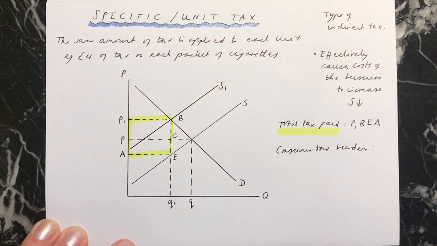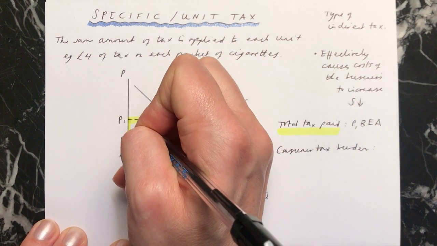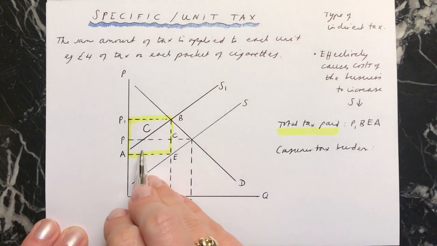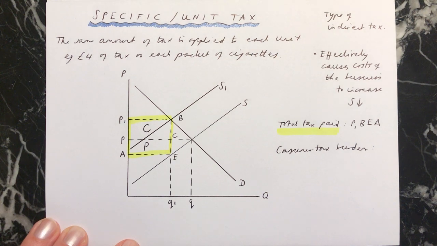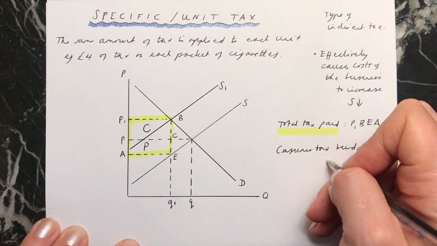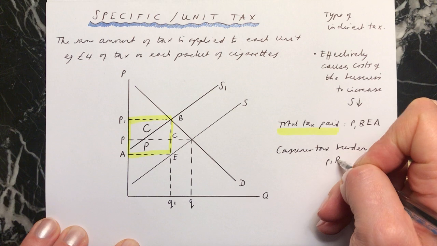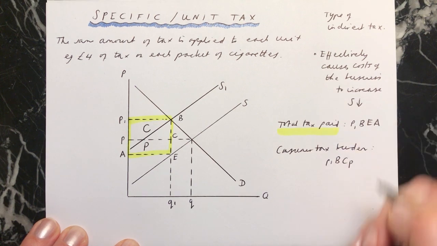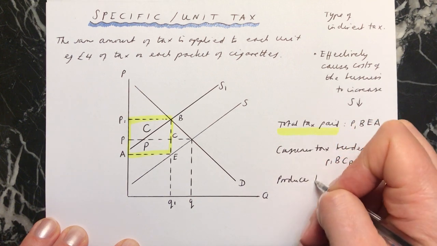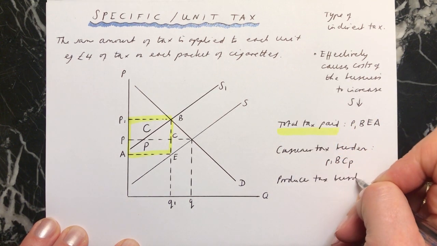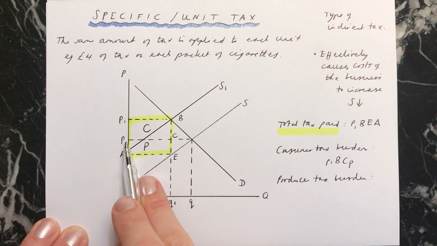But you can use the old equilibrium here, do your dotted line, and this splits the box into two. And the top box will be the burden of the consumer, and the bottom box will be the burden of the producer. So the consumer tax burden is P1BCP, and the producer, so the firm tax burden, is going to be PCEA.